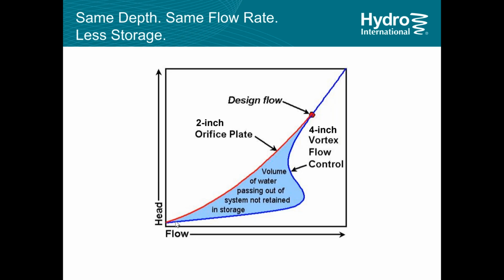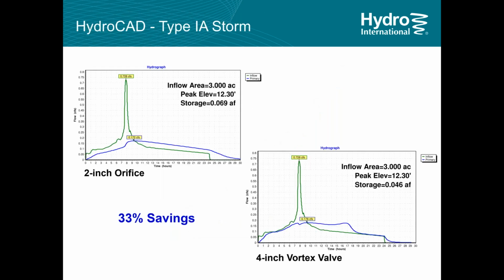And so if you had this red curve that is the way a regular 2-inch orifice would work all the time, there's a space in between, and that space kind of represents the volume that you can save that you don't even need to store if you design your site appropriately.